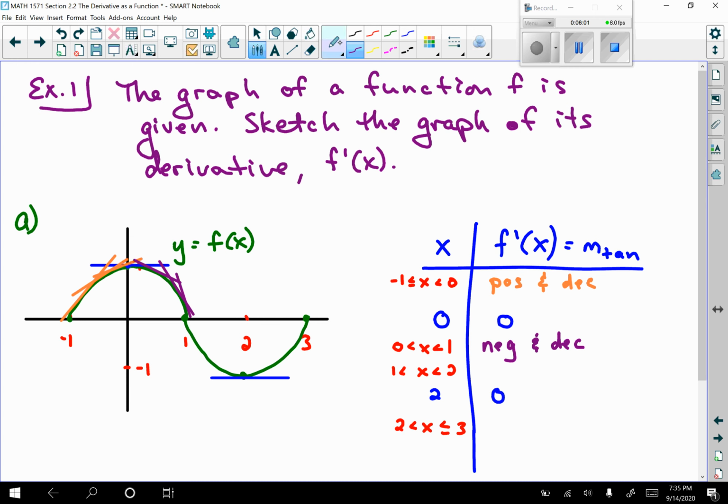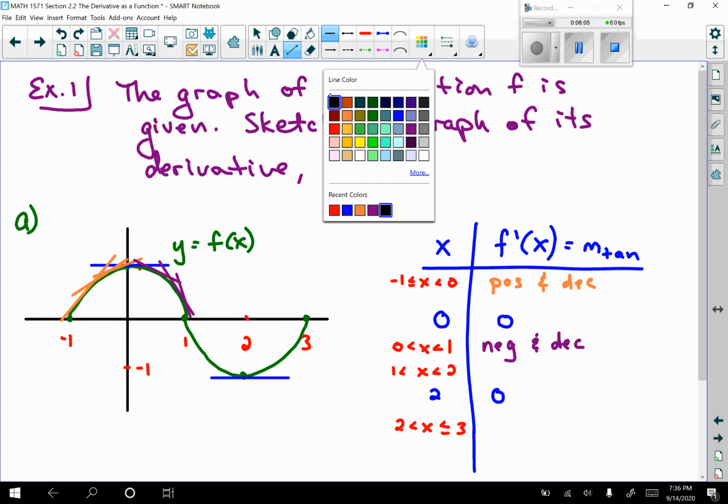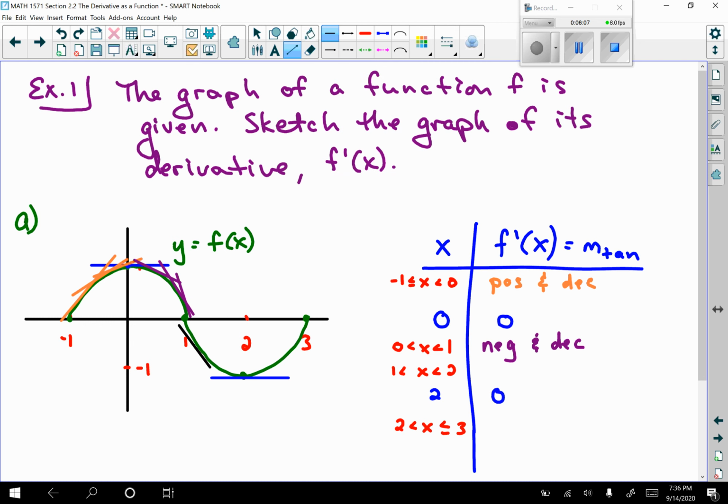Now let's take a look between 1 and 2. So I'm going to draw tangent lines over here. So that's also negative. And then let's see what's happening. This is a slightly less negative number, which means they should be increasing. So between 1 and 2, our slopes are negative, but they're increasing.